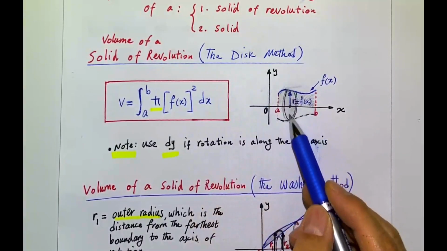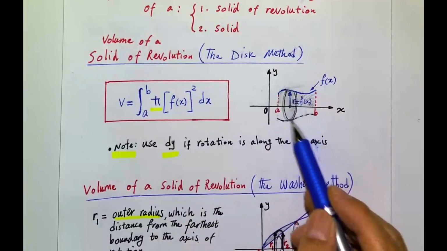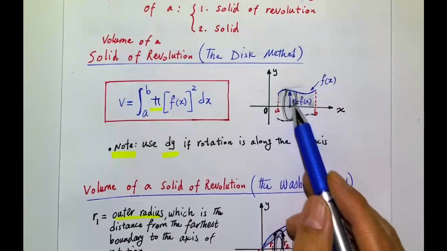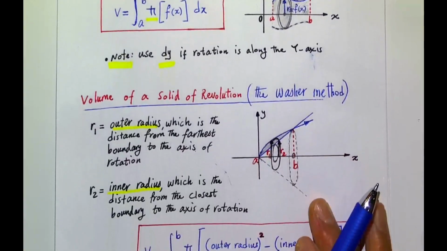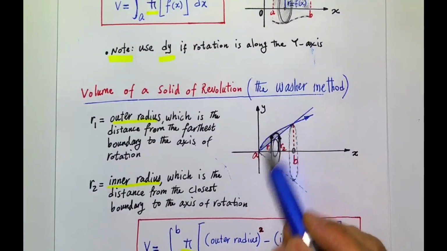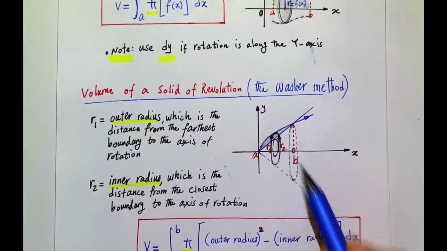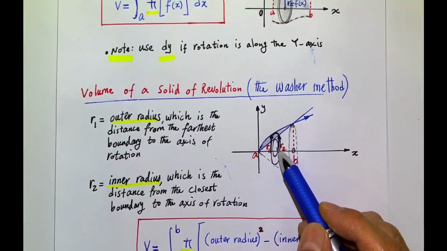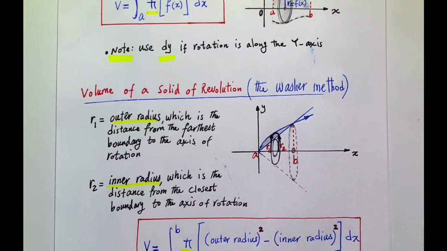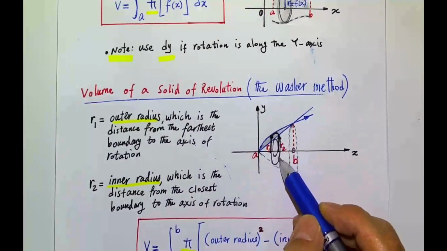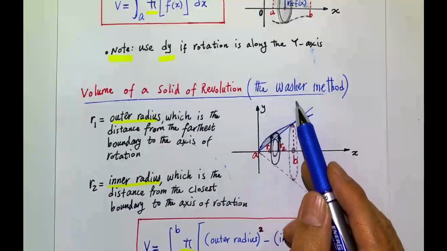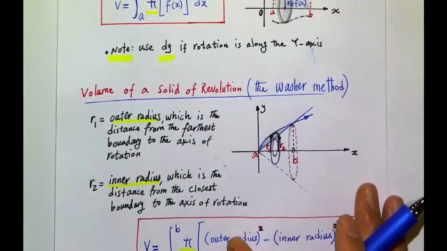If we can use a disk to calculate that volume, we call it the disk method. Or if the area portion under the curve that we use to calculate the volume is in the shape of a donut, or if it has a void in the middle, then we call it the washer method. So that's why we have these two methods.